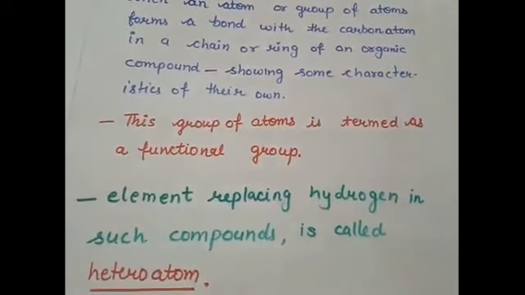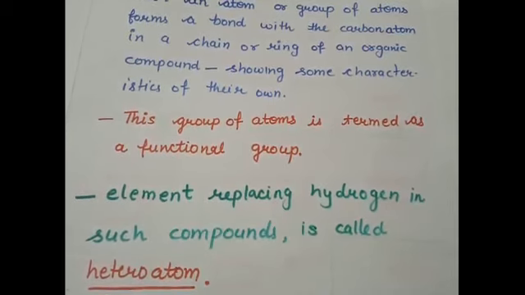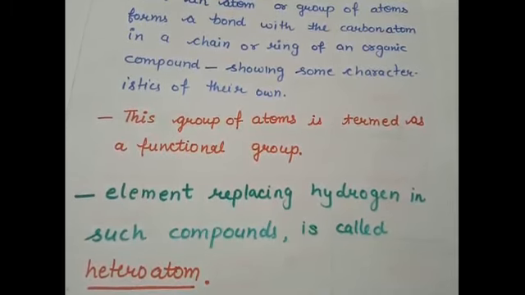Now in organic compounds we have a carbon chain or a carbon ring. In that ring or chain, the element or group of atoms which replaces the hydrogen is called a heteroatom.